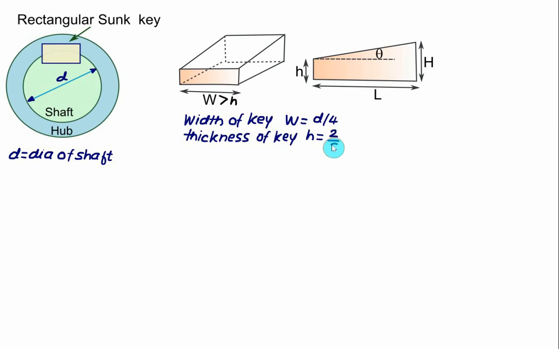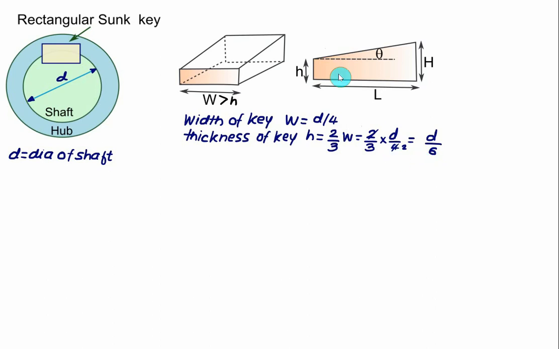That is 2/3, but width is equal to d by 4, so 2 and 4, 2 becomes here. So we have the thickness of the key equal to d by 6.